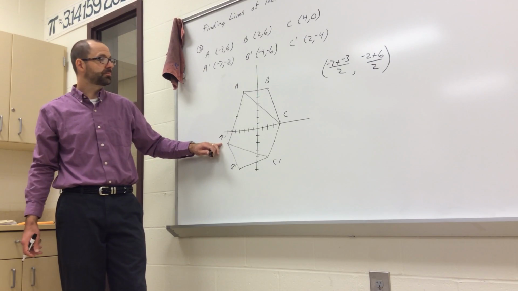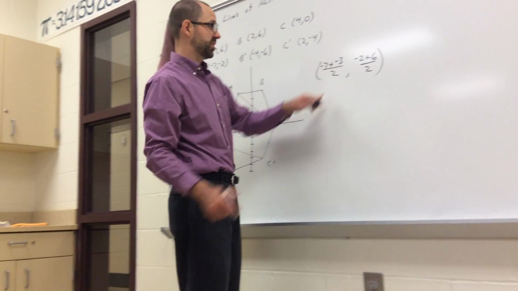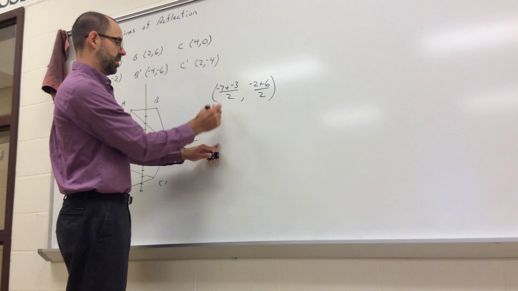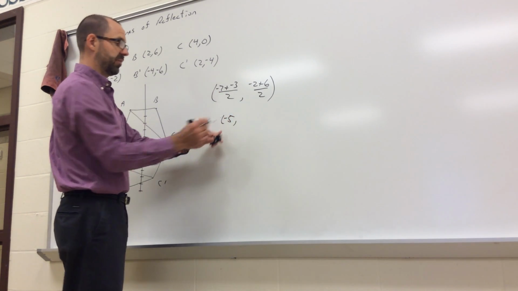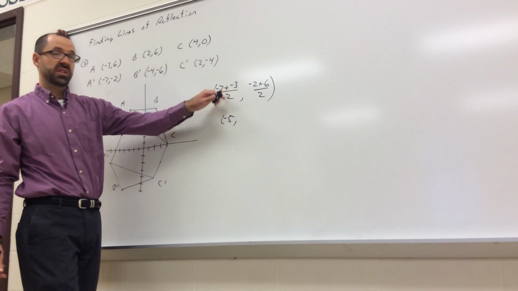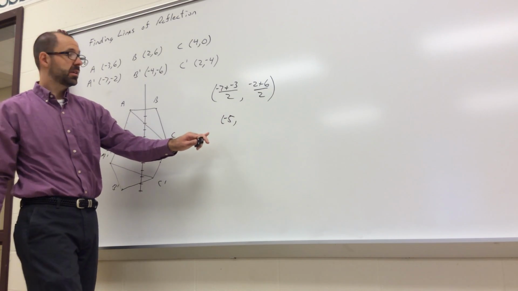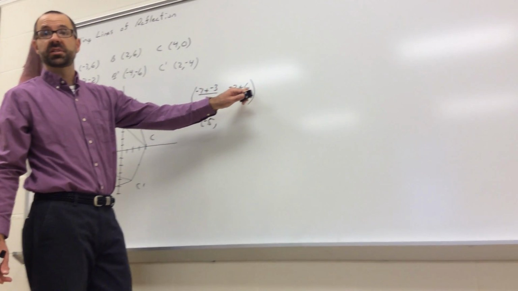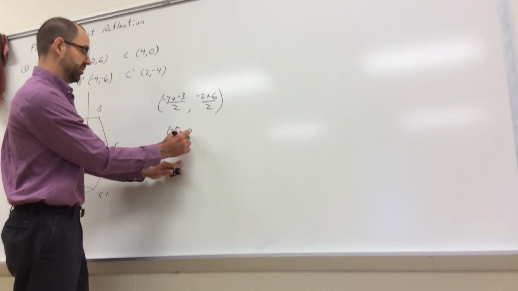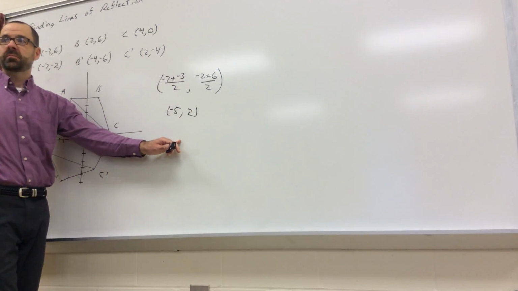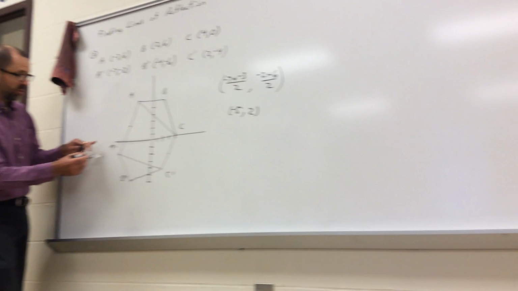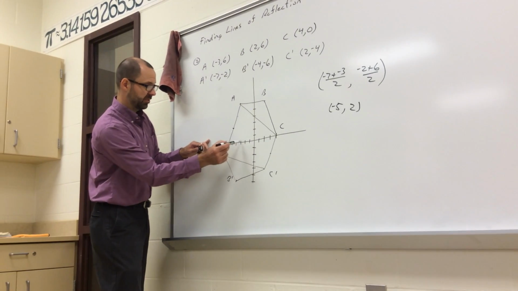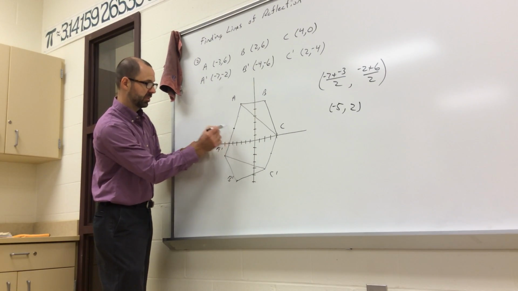Okay, so -7 plus -3 is -10, and then -10 divided by 2 is -5. So I just added and then divided by 2. Same thing here, -2 plus 6 is 4, and 4 divided by 2 is 2. So that means this point in the middle is -5, 2.